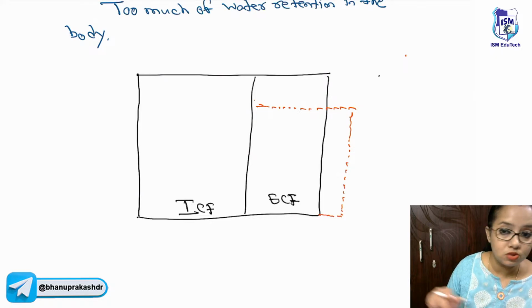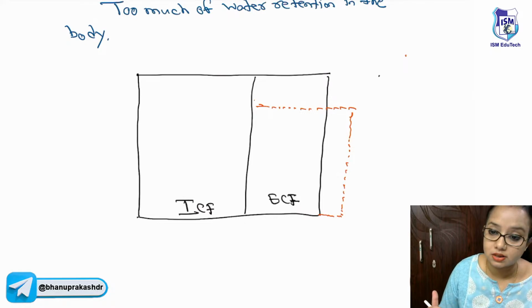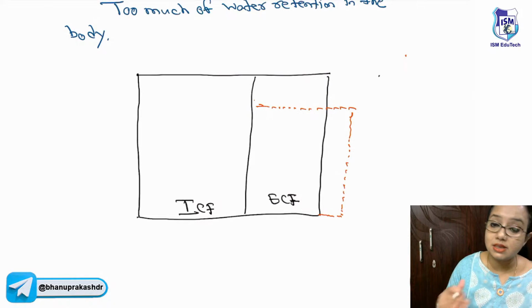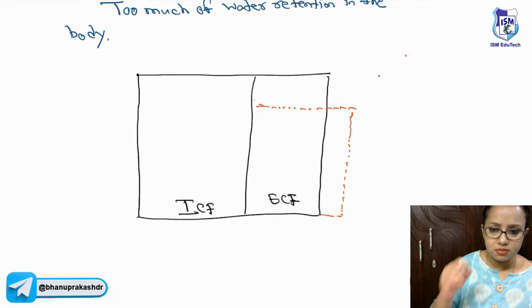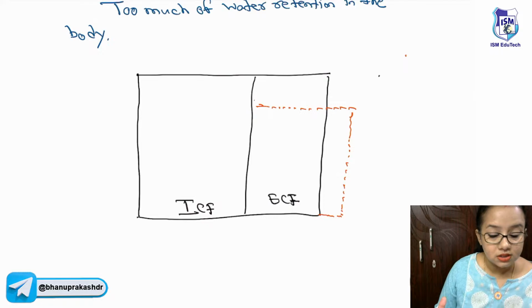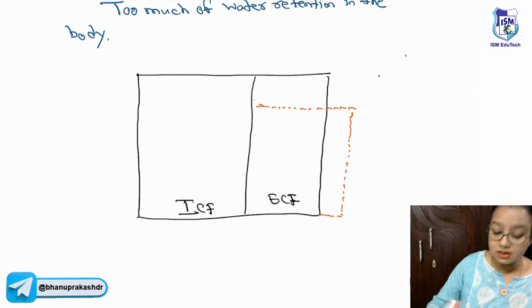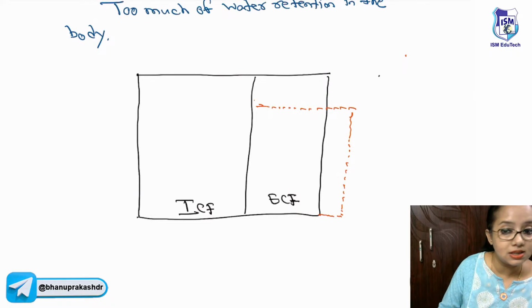It will accumulate in the ECF. So the ECF is first gaining more water. Its osmolarity is lesser than body fluid because most of the water is retained with minimum minerals, so it is almost pure water. So this water without mineral is making the ECF dilute, and it is becoming less osmolar compared to the ICF.